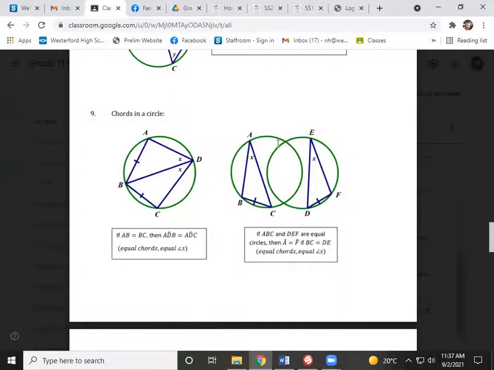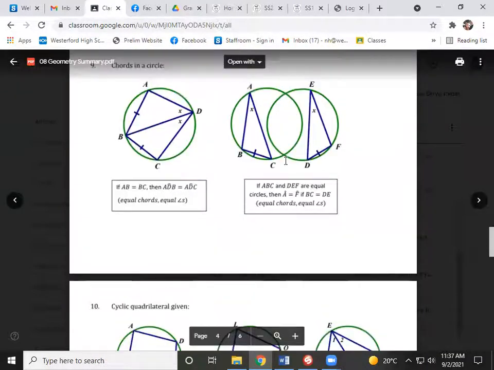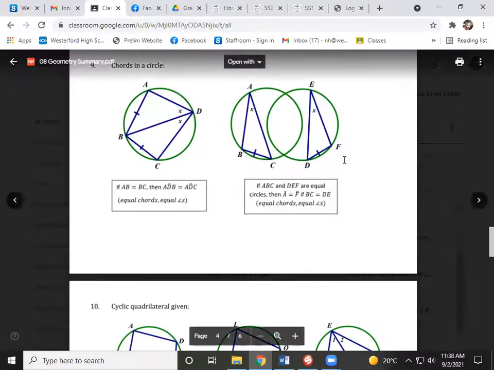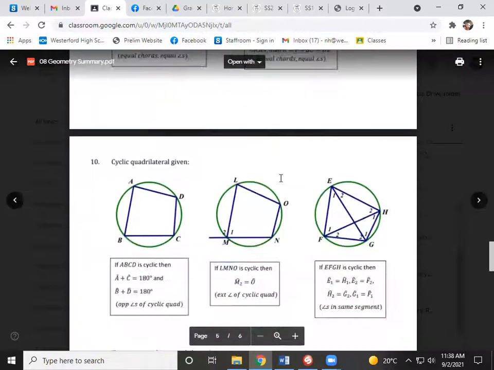But if you have equal circles, that's what the first line says. If A, B, C, and D, E, F are equal, so the circles are the same, they'll have to tell you that. And then you have equal chords in the 2 different circles, but the circles are also identical, have the same diameter and so on. Same chords will also subtend the same angles, and the reason is the same: equal chords, equal angles.